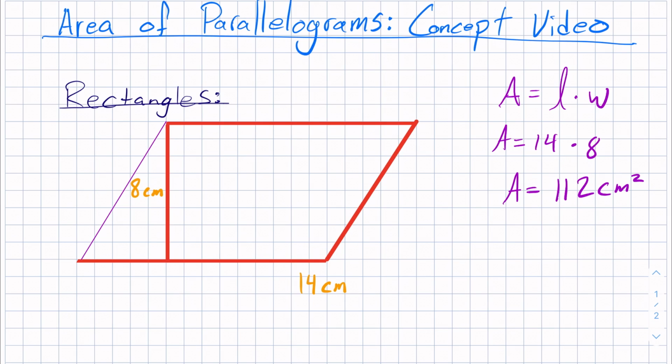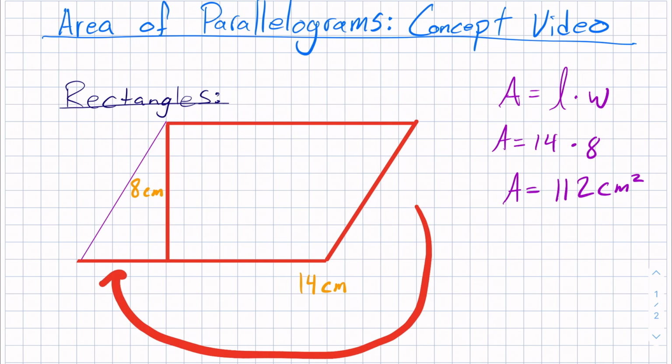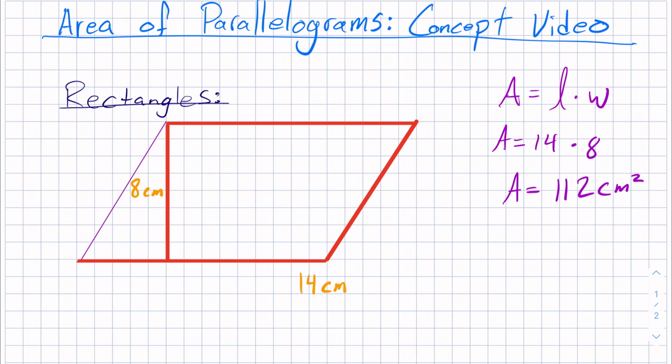Let's see if I can put that back. Do you see how that works? So I haven't actually changed the area of the original rectangle at all. I've just cut a piece off of it and moved it from here to there. But I still basically have the same size sandwich, if you will. So this is really helpful if I want to know how to find the area formula for a parallelogram.